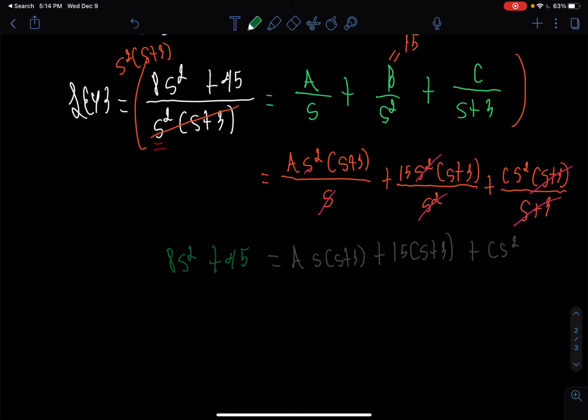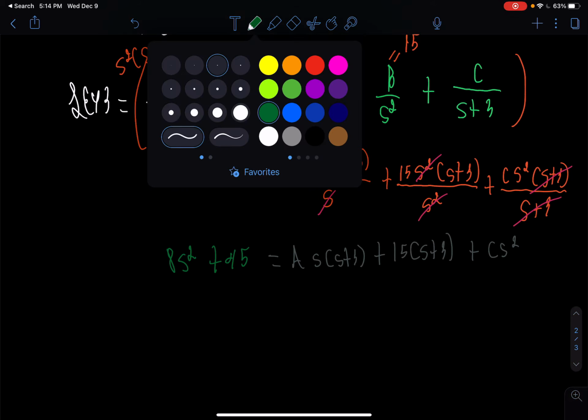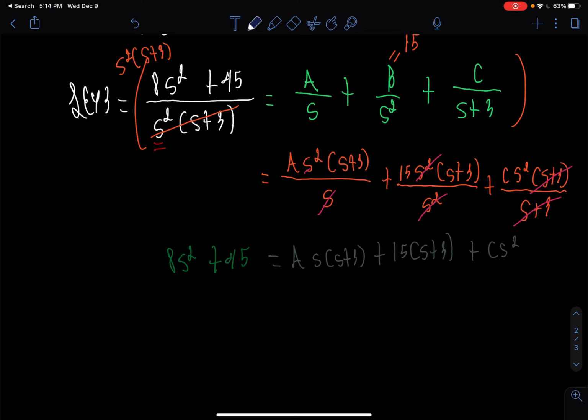Now it's time to distribute. As you can notice, after we did the Laplace transform and rearranged this differential equation, it just became an algebraic problem. That's why this method is used: we take a funny looking differential equation and turn it into an algebra 1 problem.